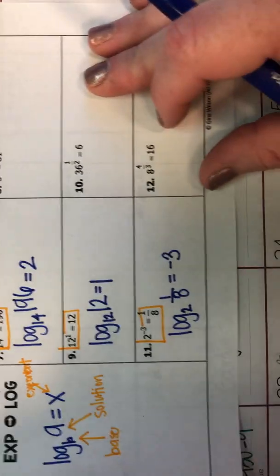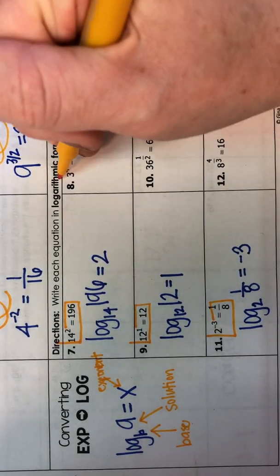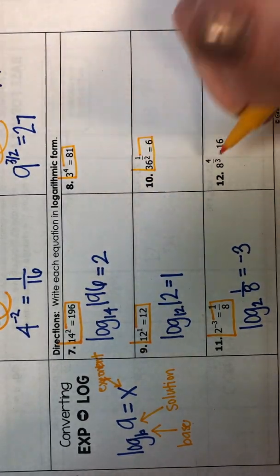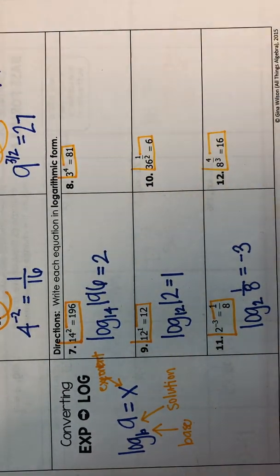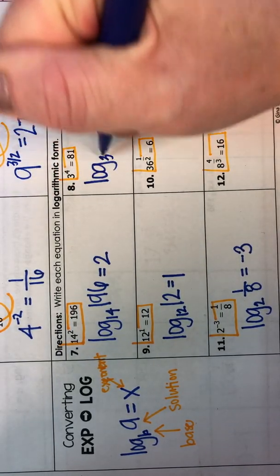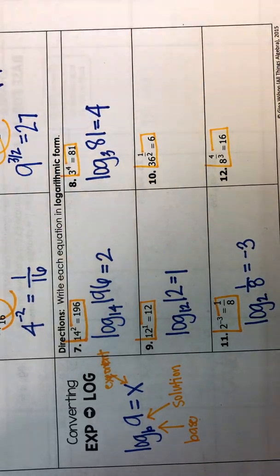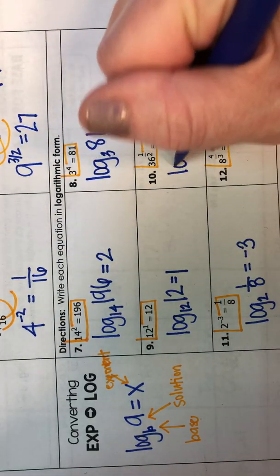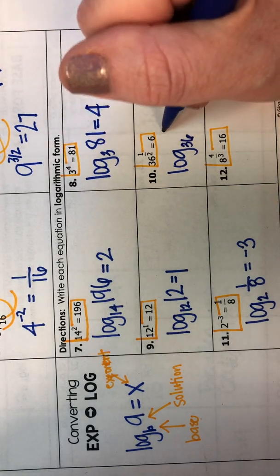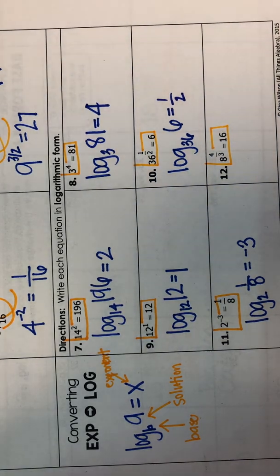Okay? All right, and then here are the ones that I was putting in logarithmic form. I'm going to draw my L's real quick. All right, so here I have log base 3 of 81 is equal to 4. Here I have log base 36 of 6 equals 1/2.